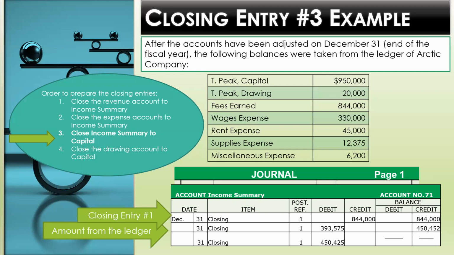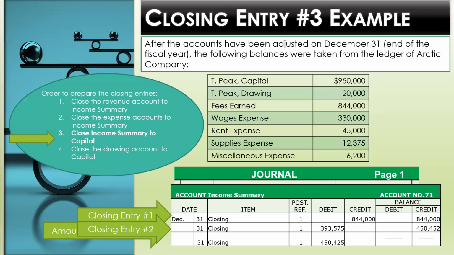This is what happened in closing entry 1. Remember, we had that credit in the amount of $844,000. Closing entry number 2, which was the entry before this one, we had a debit in the amount of $393,575. Remember, that's the amount of all those expenses added together.